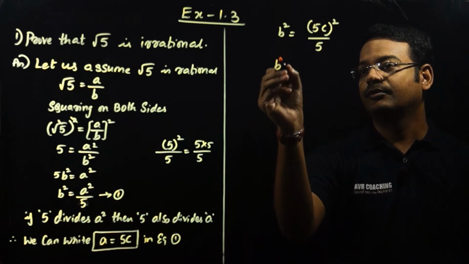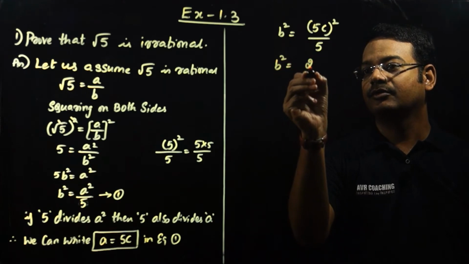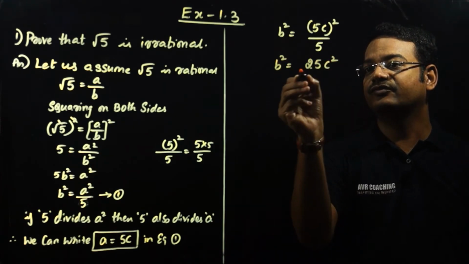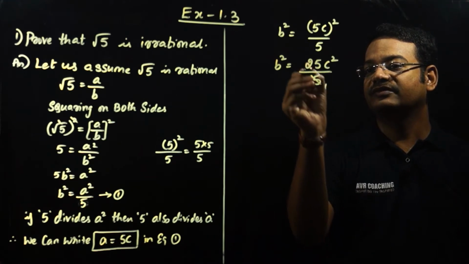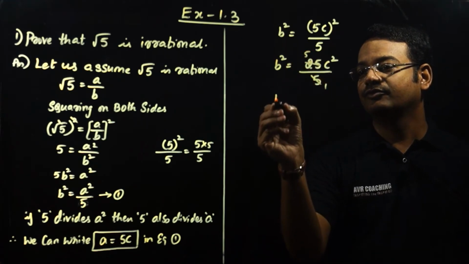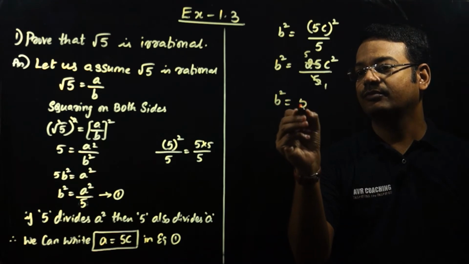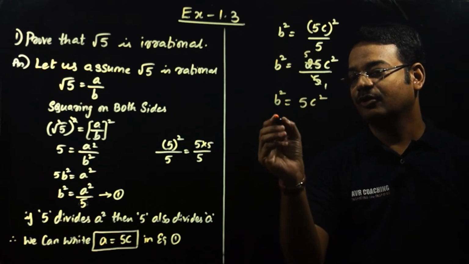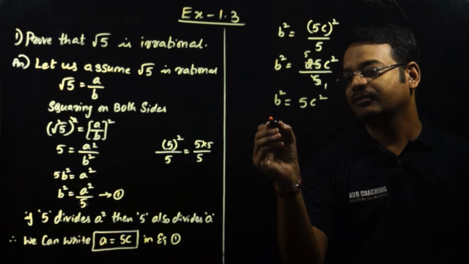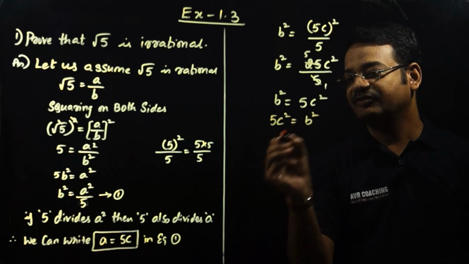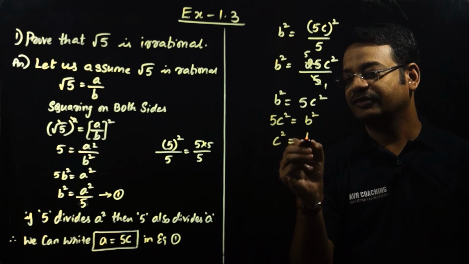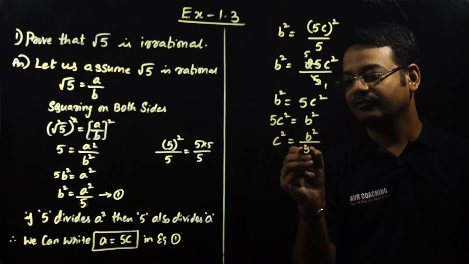Now, b square is 25c square by 5. So 5s ones are 5, 5s are 5. So b square is equal to 5c square, or 5c square is equal to b square. So c square is equal to b square by 5.